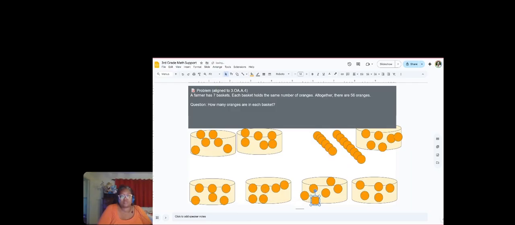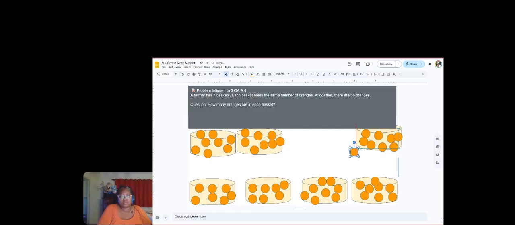So we will figure that out as well once we go ahead and divide our oranges equally into each of these baskets. Again, we have 7 baskets. We have 56 oranges. So within each of these baskets, we should have the same amount of oranges in each one if we have divided properly.